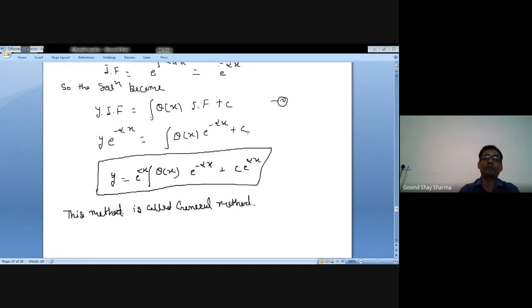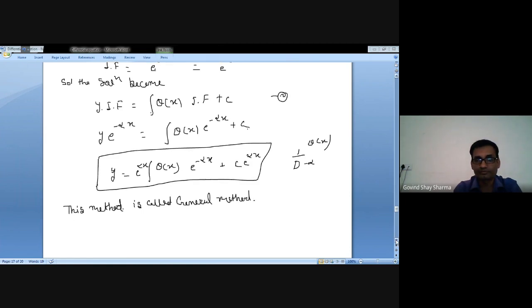We have to remember this solution. When the form is D minus alpha of Q(x), then the solution is e to the power alpha x times the integral of Q(x) e to the power minus alpha x.